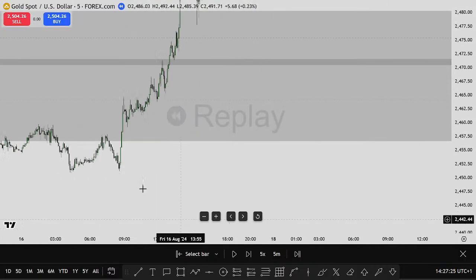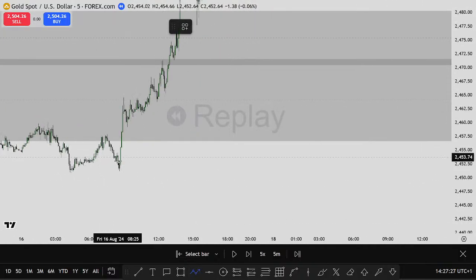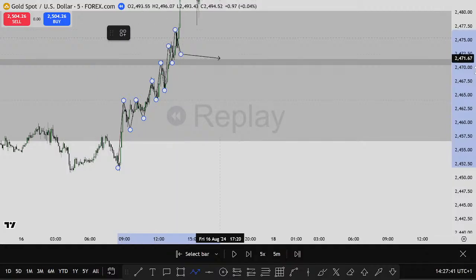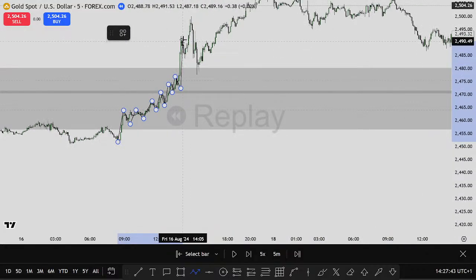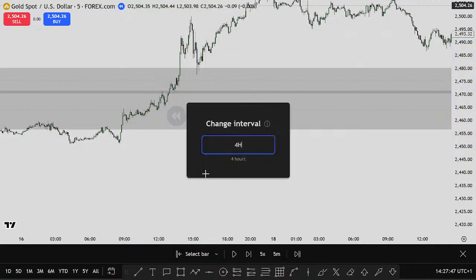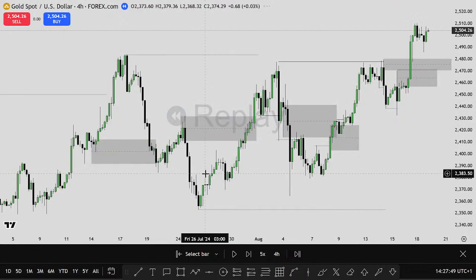So this is the mitigation here, right? Price just kept on going up. The displacement would have been if it comes down like this, but it kept on going up, and this is the reason why we use displacement. So it came off from the POI, so obviously that POI was rendered useless.